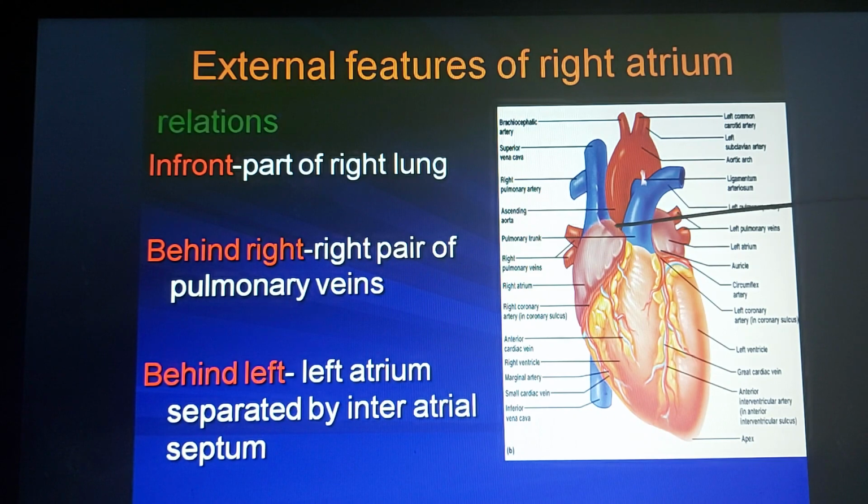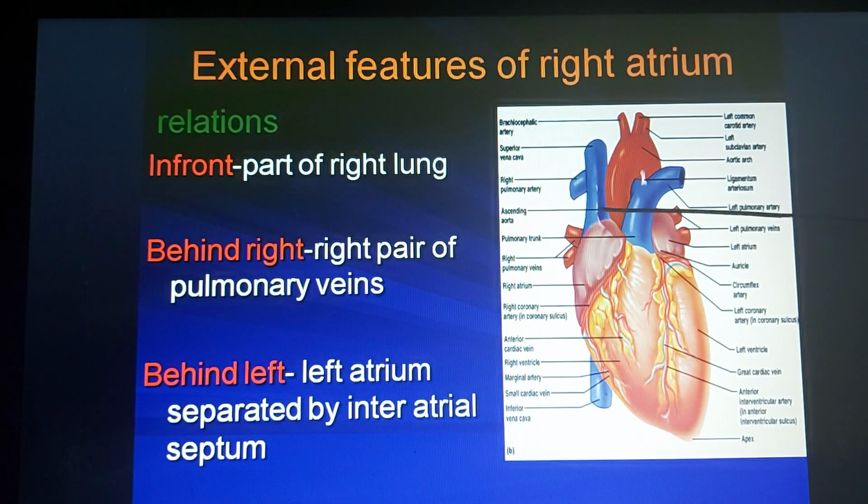Behind, it divides into behind right and behind left. Behind right, it is related to the right pair of pulmonary veins.